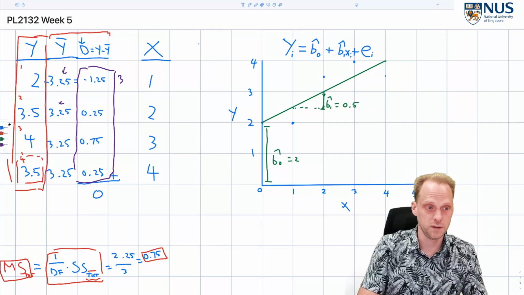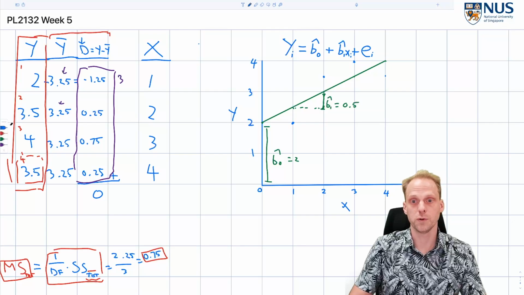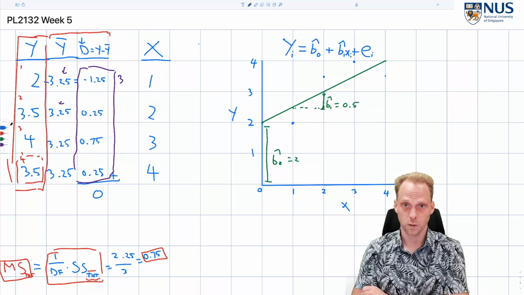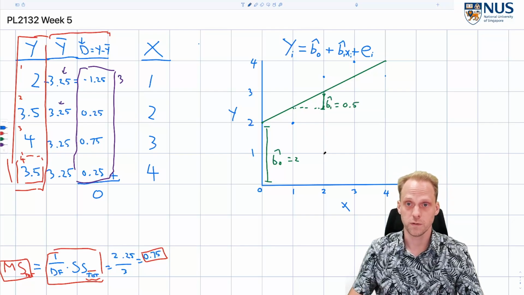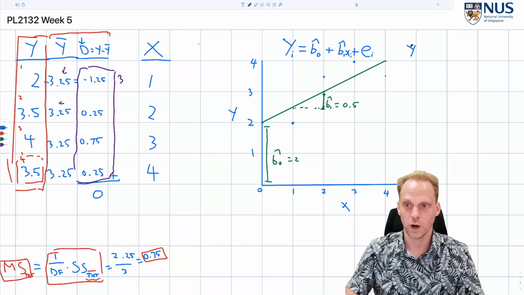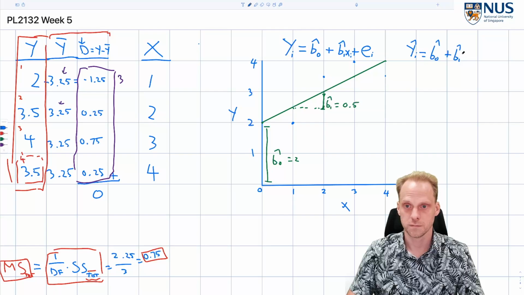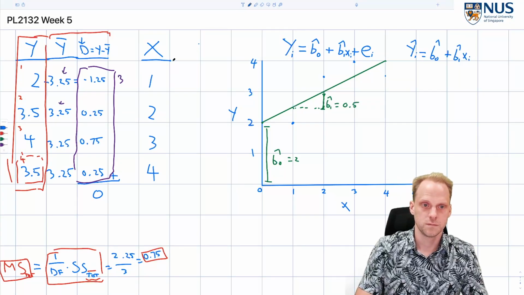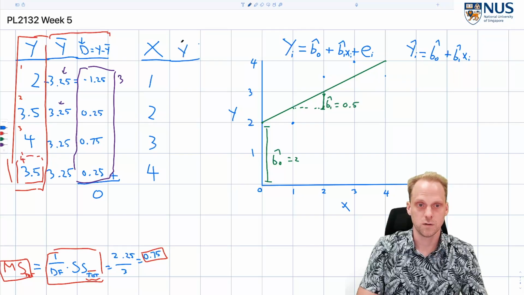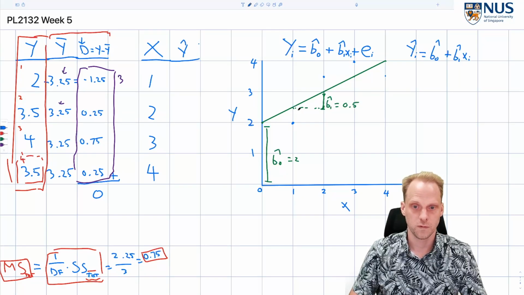Now with this equation, we can compute the best prediction according to this model for y, which we call y hat. And y hat equals the same expression without the error term. So that is the height of the line, for every point, the height of this line.